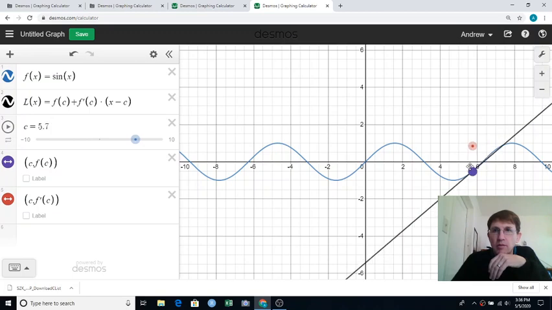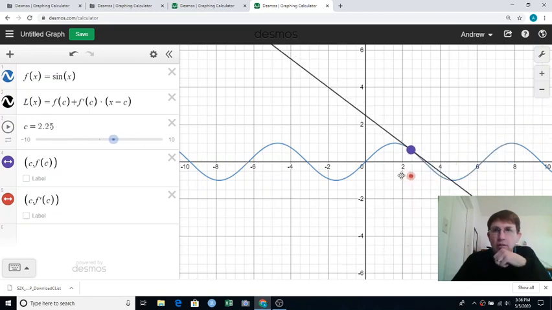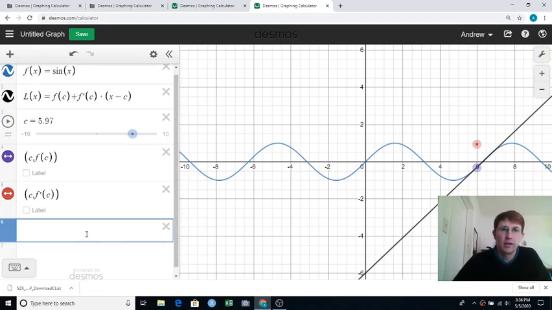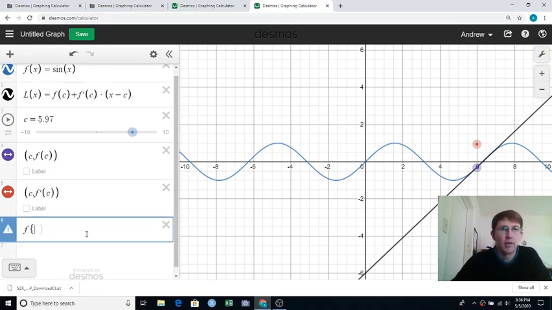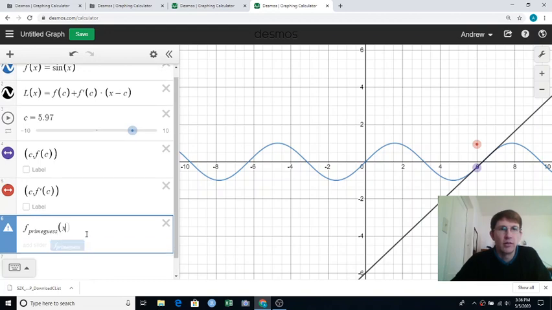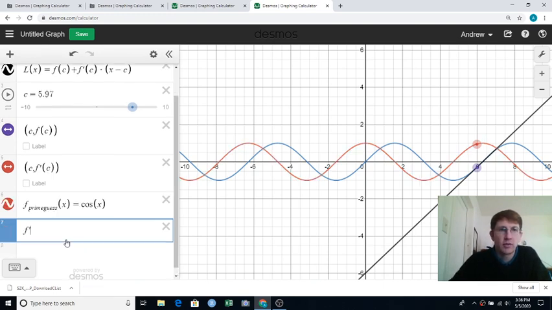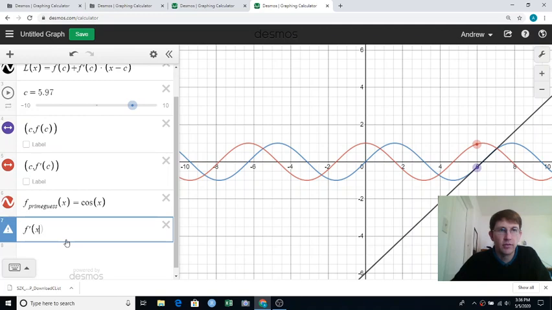So it's behaving periodically, so that's good. And we're getting a hint here that we already did this on paper, that our derivative is just cosine of x. So that's our guess, but let's have Desmos actually do the derivative itself by difference quotients.